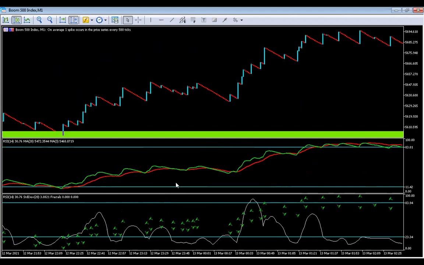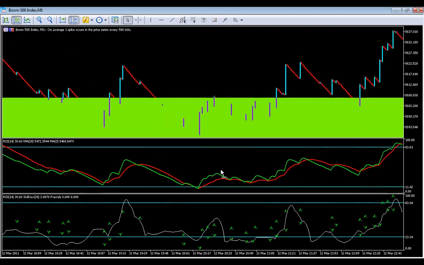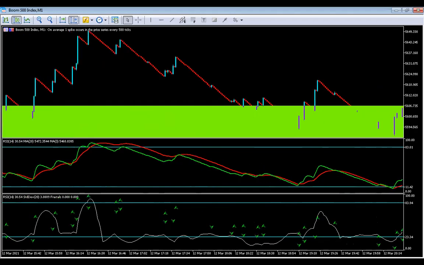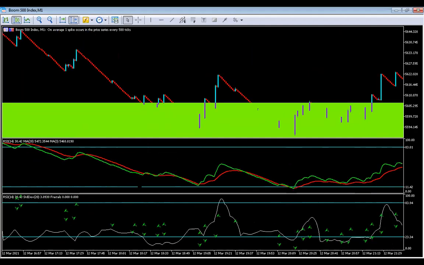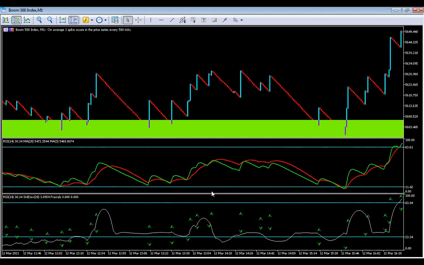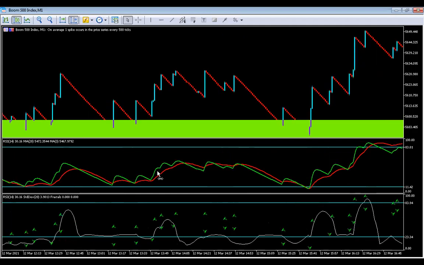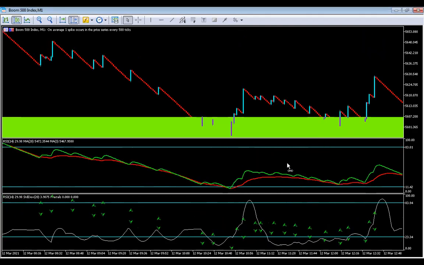Now let us take another example. After this, I'm going to show you how to use price action also to determine your trades. Let me look for another typical example. This is a consolidating area.